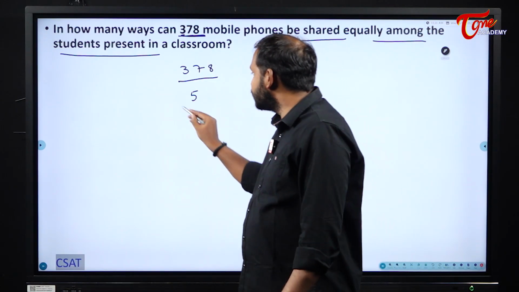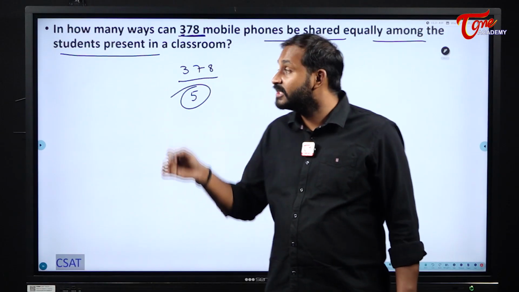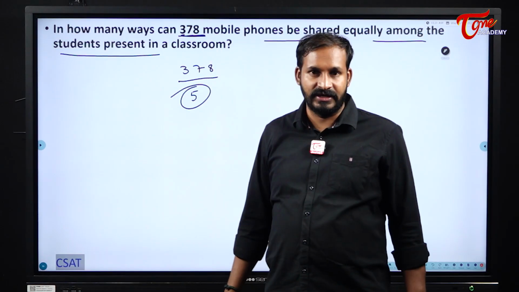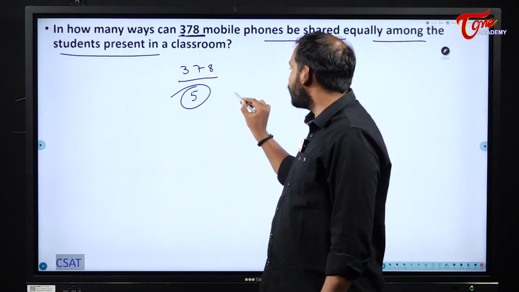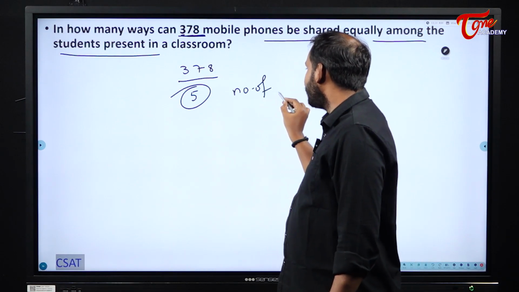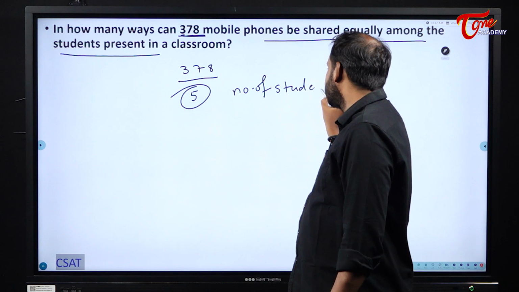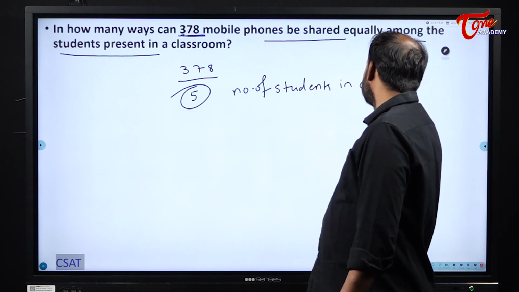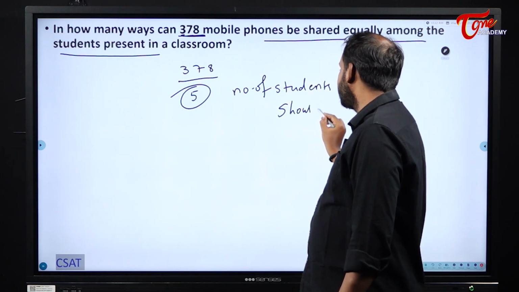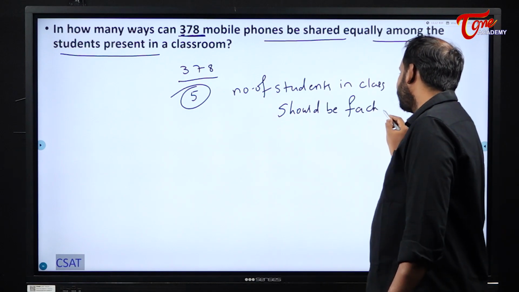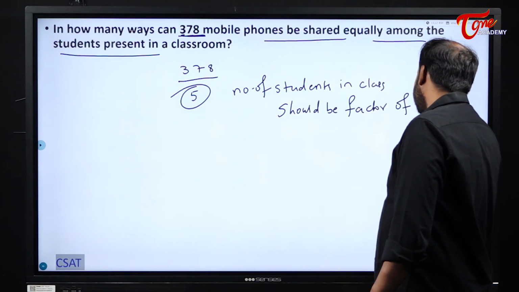That means the number of students in the classroom should be in what manner? That value should divide this 378. That is, the number of students in the class should be a factor of 378.